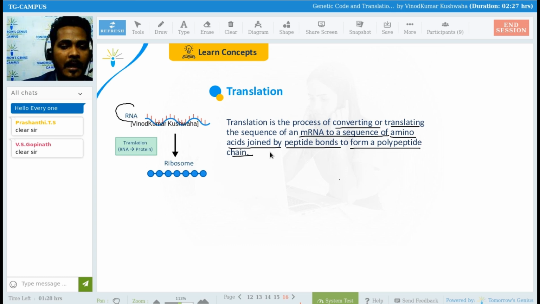Here you can see this is mRNA, and when it is translated, it forms a protein with the help of ribosomes. So this is what we can call the polypeptide chain, right?